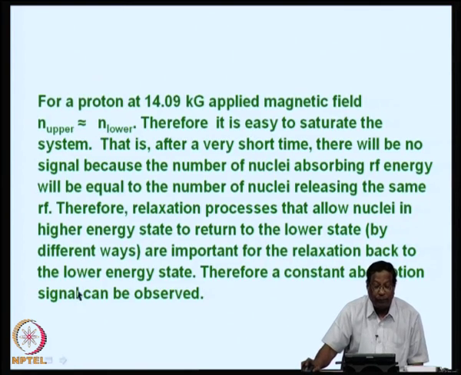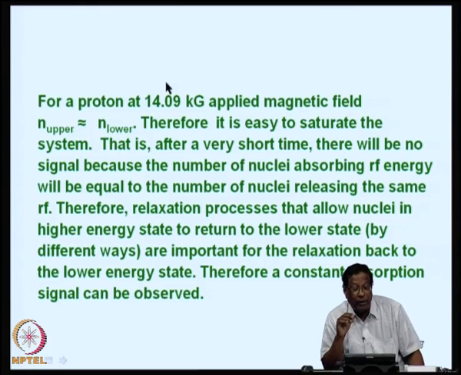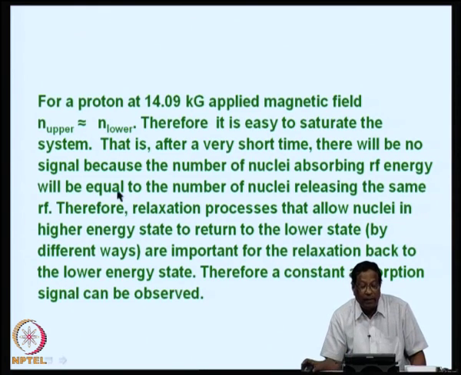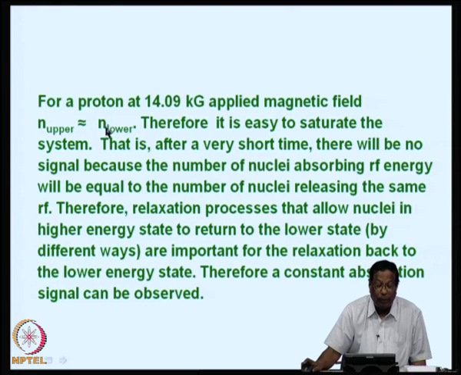So, for a proton at 14090 Gauss, the applied magnetic field gives approximately equal populations of nuclei at the lower and higher energy levels. Therefore, it is easy to saturate the whole system.